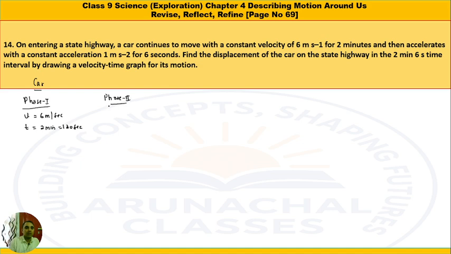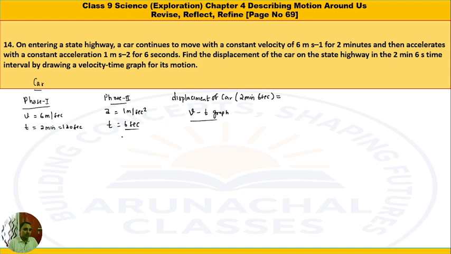It accelerates with a constant acceleration of 1 meter per second square for 6 seconds. Then they are saying to find the displacement of the car on the state highway in 2-minute 6-second time interval by drawing VT graph. Means this is phase 1 now, this is phase 2.